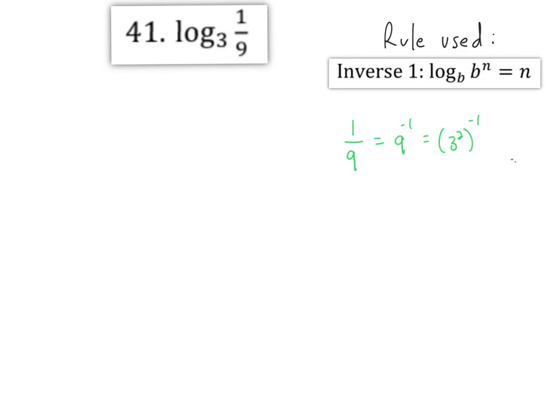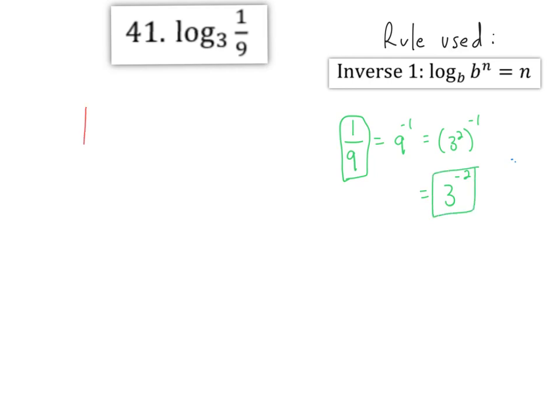And then we can use the rule of exponents, that if you have something to an exponent and the whole thing's raised to another exponent, then you multiply these two exponents. And so 2 times negative 1 is negative 2, so this is 3 to the negative 2. Okay, so we realize 1/9 is the same as 3 to the negative 2.